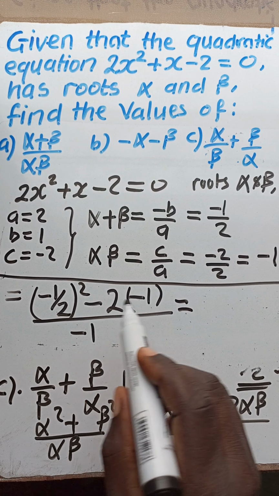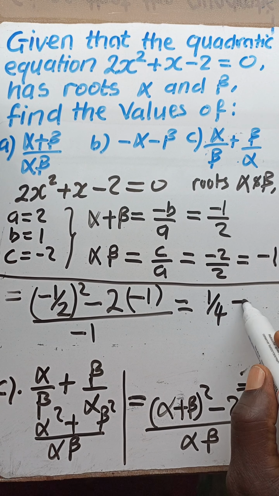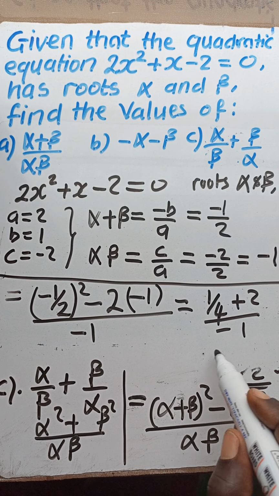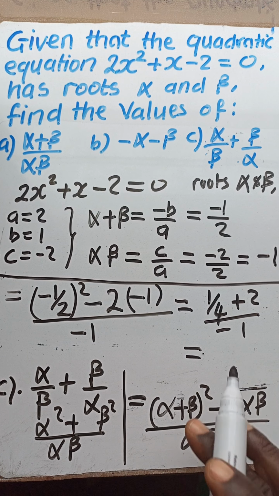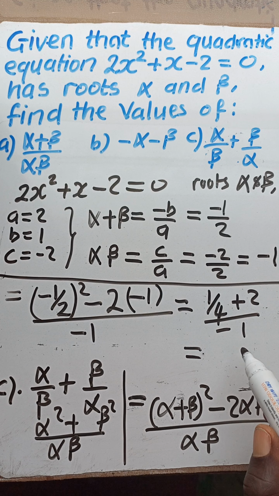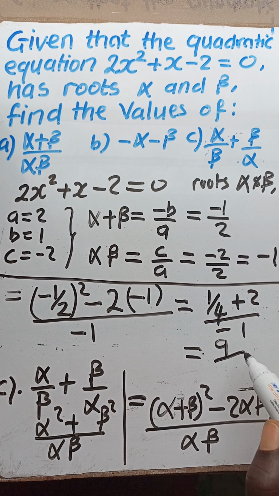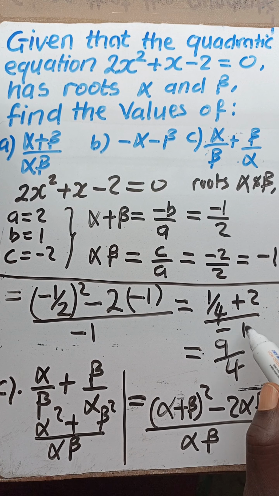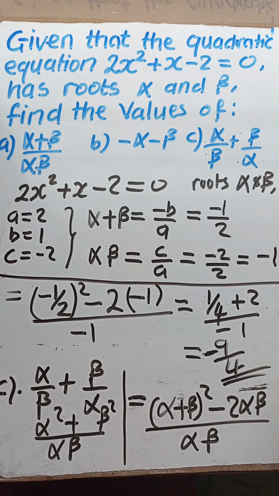So this gives us 1/4, negative negative, plus 2, all over negative 1. With LCM 4, we have 1 plus 8, which is 9, all over 4. Now this negative sign goes up and it becomes -9/4.